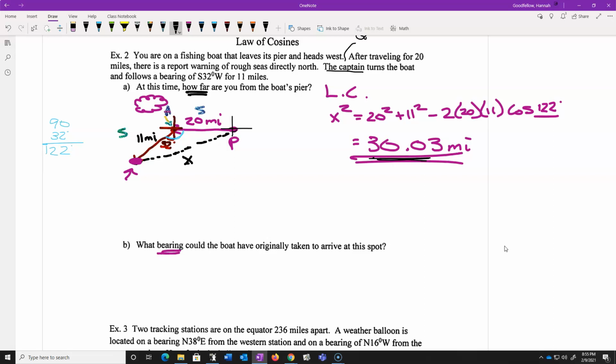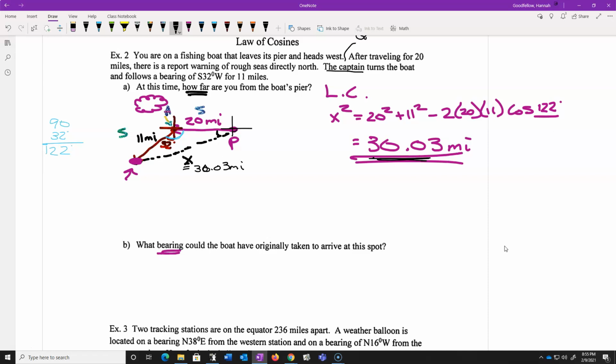Well, the only angle that's inside the triangle is this one right here. That's not technically a bearing, but it could help. How would we find that particular spot? Now, you did end up finding the side that's across, which is your 30.03 miles that's listed right there.